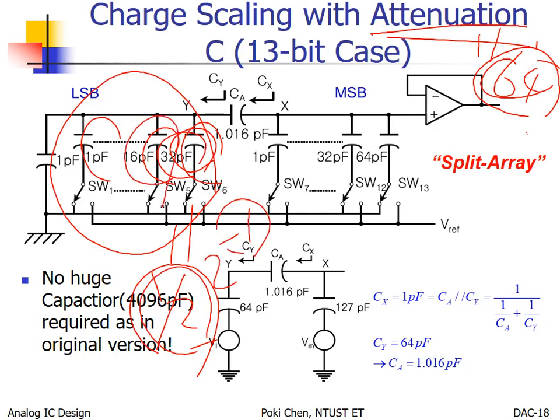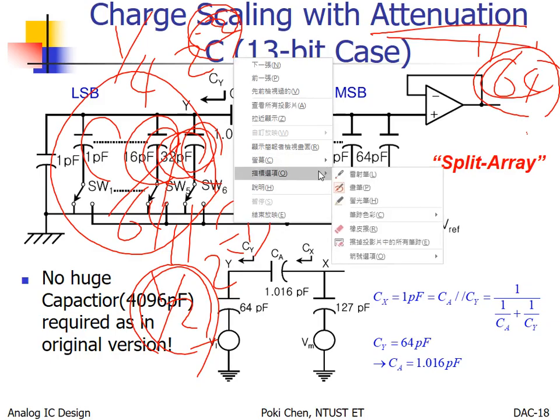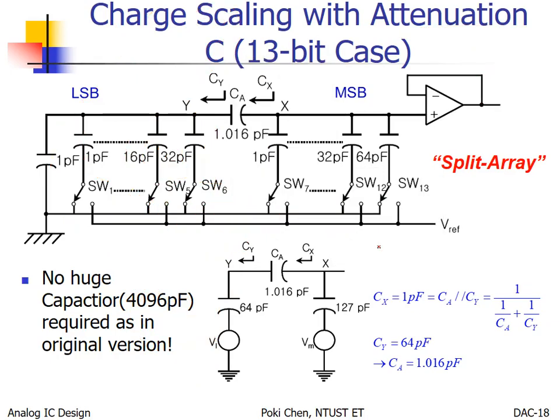And how about this one? Divided by 64, it becomes 1/4. Congratulations, it is 2 to the minus 2 power. So for the others, piece of cake. You can derive it by yourself.